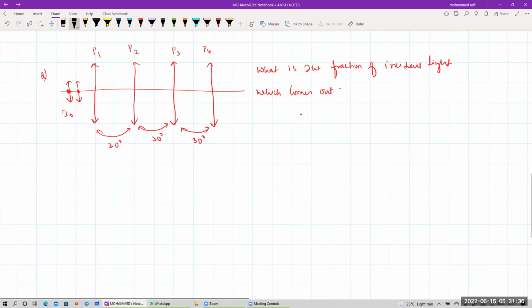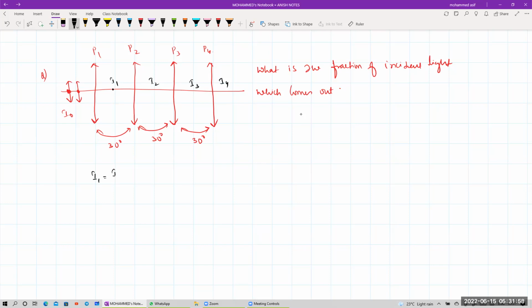So here it is I0, here the intensity is I1, here it is I2, here it is I3, and here it is I4. So I4 is coming out. He's asking the fraction of incident light which has been coming out. Clear? Now can you tell me what is the value of I1?